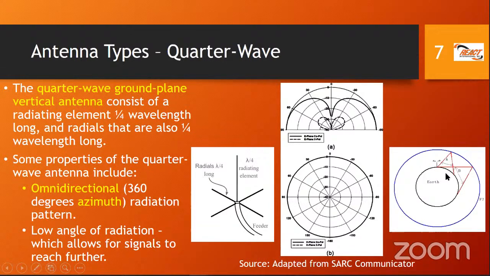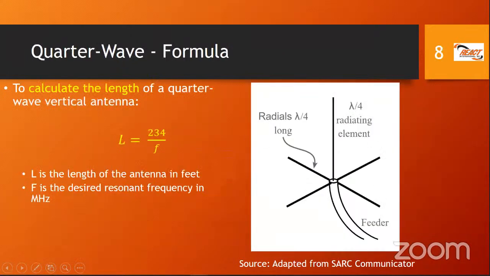But if it's at the horizon, you're looking at it towards the sea or towards the land, and you're seeing it straight ahead, that is a low angle. So what we're saying is that one of the advantages of the quarter wavelength antenna is that the angle of radiation of the signal is relatively low. And when it's low, just like the diagram we showed here, your signal can reach further.